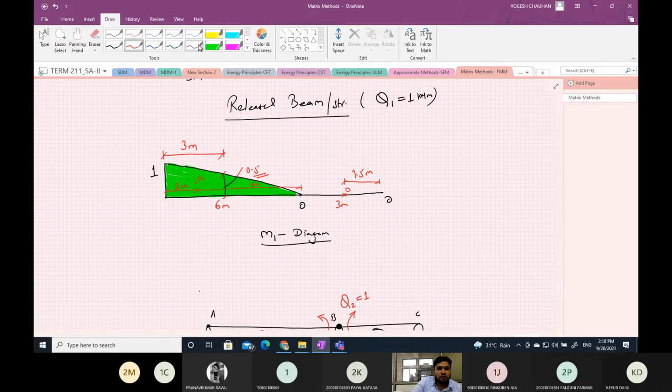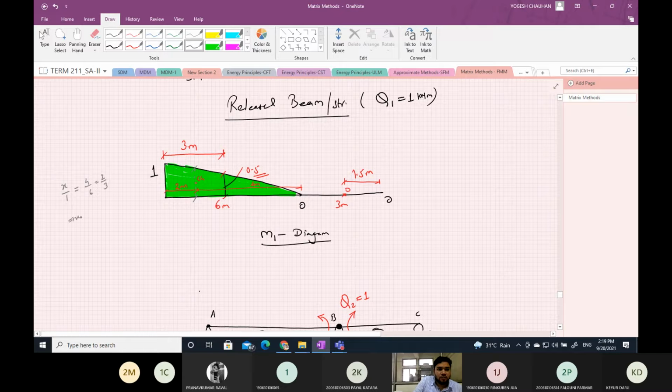So you have to find the ordinate corresponding to this CG in the M1 diagram also. Corresponding ordinate here, you can use the triangle rule and find. Let us say it be x, so x by 1 will be equal to 4 by 6, so it will be 2 by 3.